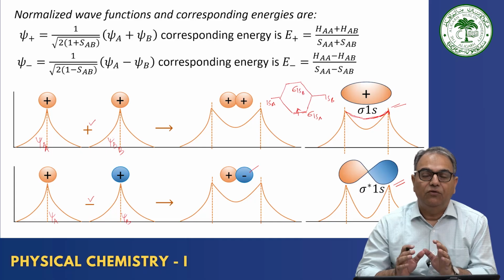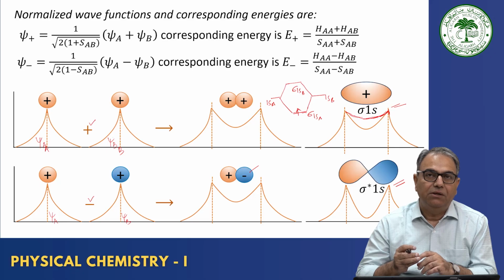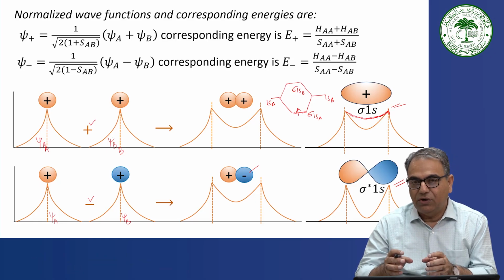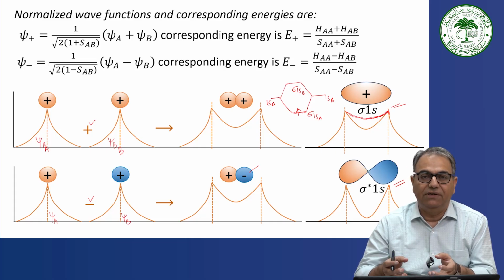So we got from the linear addition treatment two different energy levels for the H2 plus molecule ion, and we also got the normalized eigenfunction for both these energy levels.